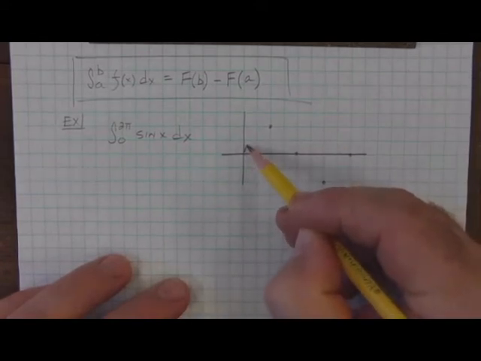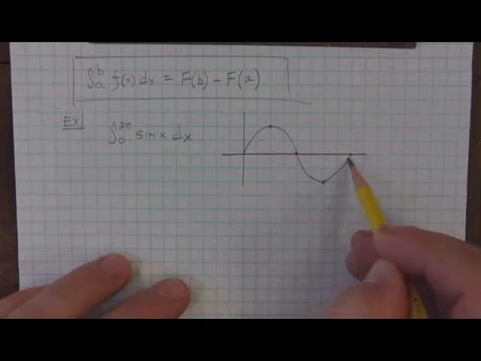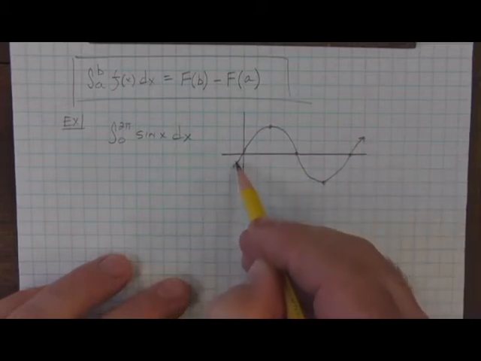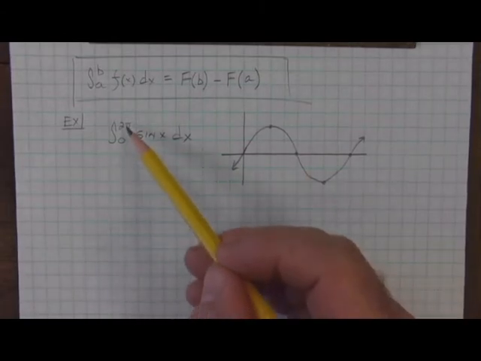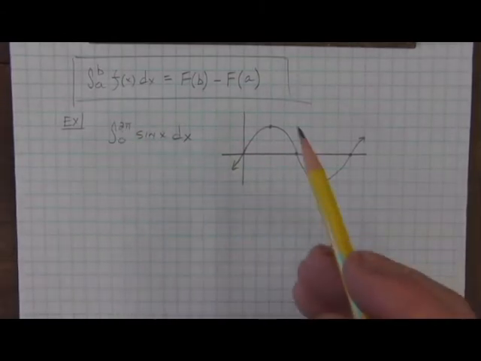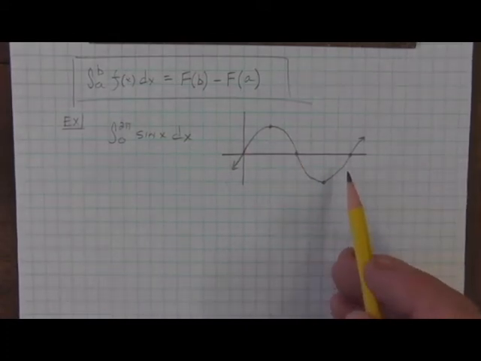before we do it. This is a graph of sine. And the bounds of integration from 0 to 2 pi is one complete period of this sinusoidal wave.